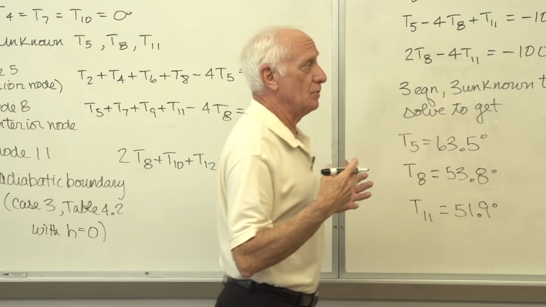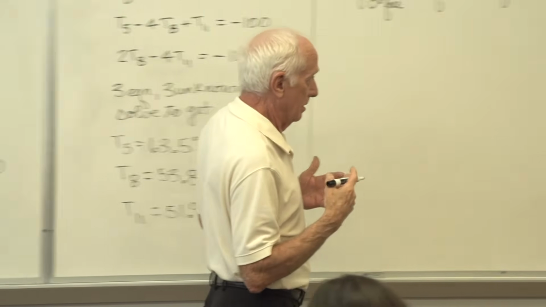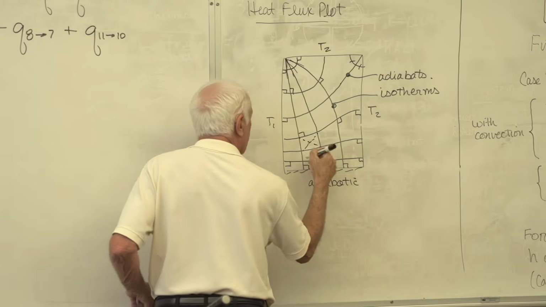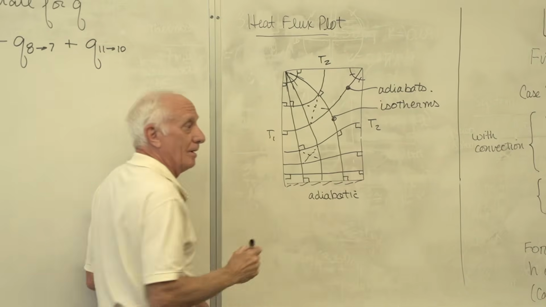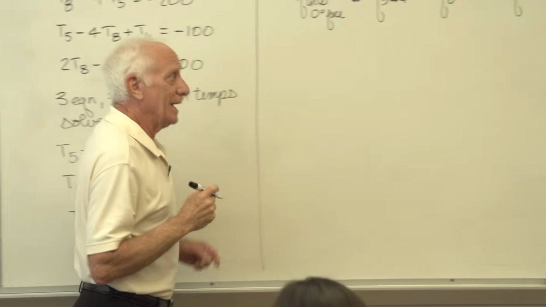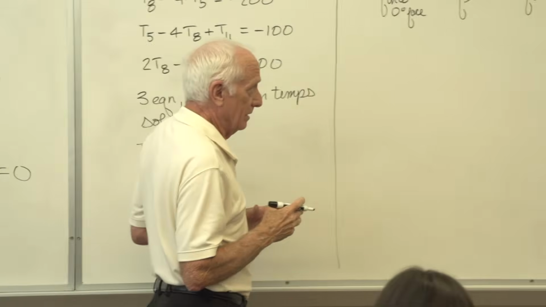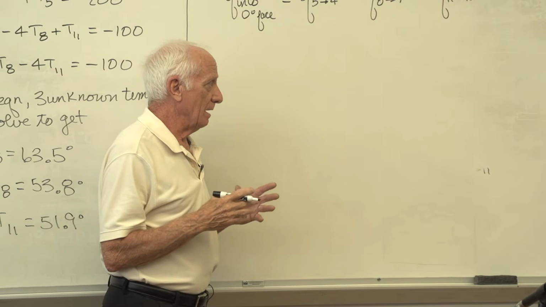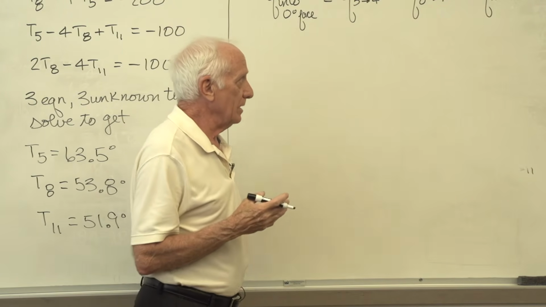Oh, if you want to get more accurate, you can construct curvilinear squares. You can do that. And that'll give you an estimate of the heat flow, k delta T over N. It'll give you an estimate of the temperatures in there if you construct reasonably curvilinear squares.